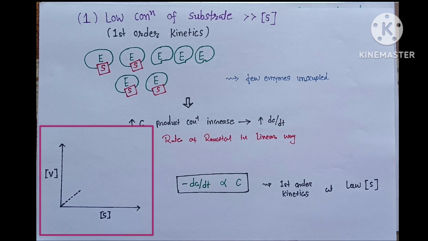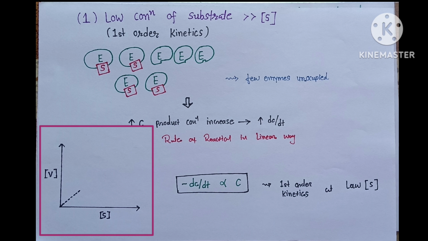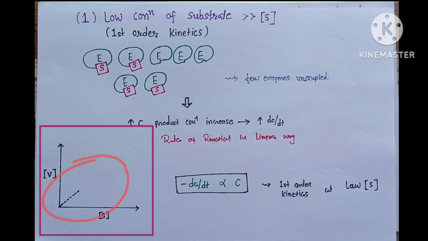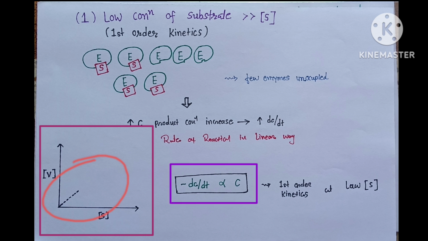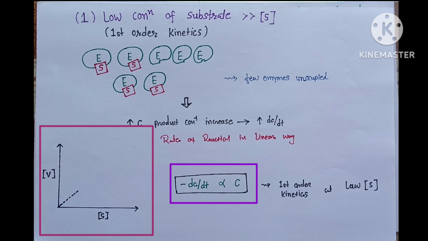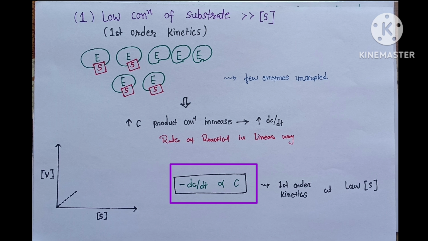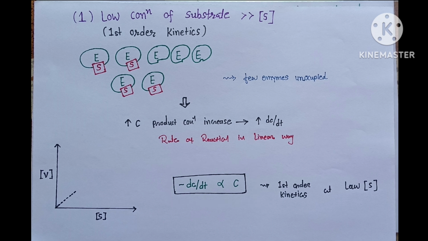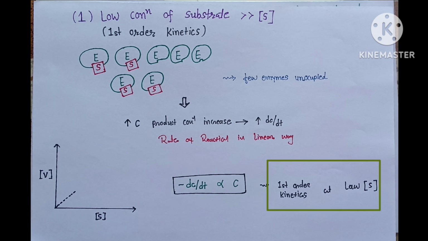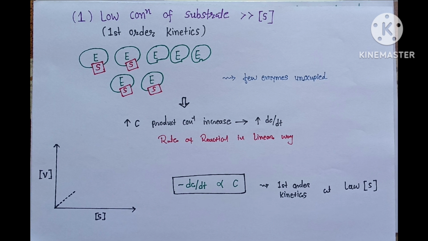When we plot a graph between velocity of reaction and substrate concentration, we get a linear form. So we also define dC/dt as proportional to concentration. Why? Because as the concentration increases, the rate of reaction also increases. So this case is also defined as first order kinetics at low concentration of substrate.